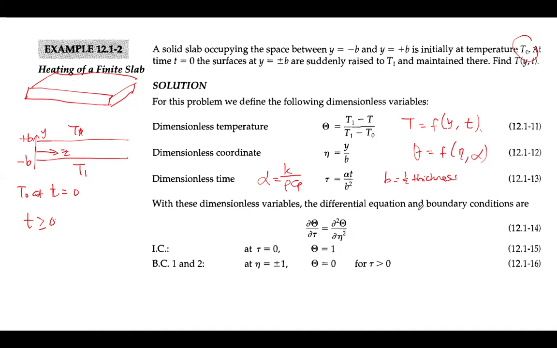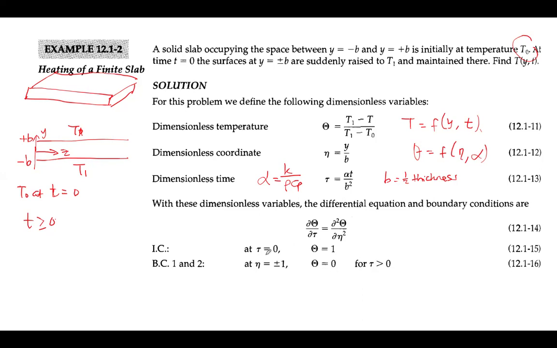Okay, and then if we substitute and solve the problem, it is not included here, but if you want to try it using differentiation and so on, you end up with this: the partial derivative of the dimensionless temperature with respect to tau is equal to the second derivative of the dimensionless temperature with respect to the coordinate.